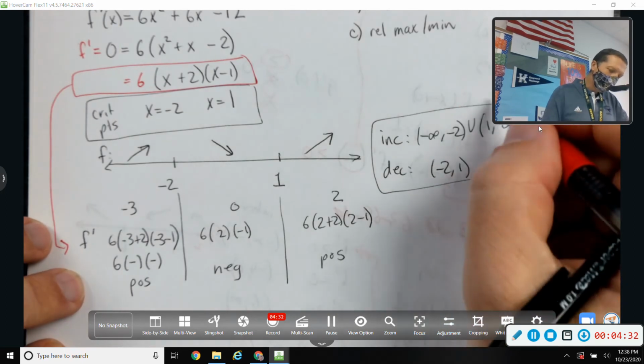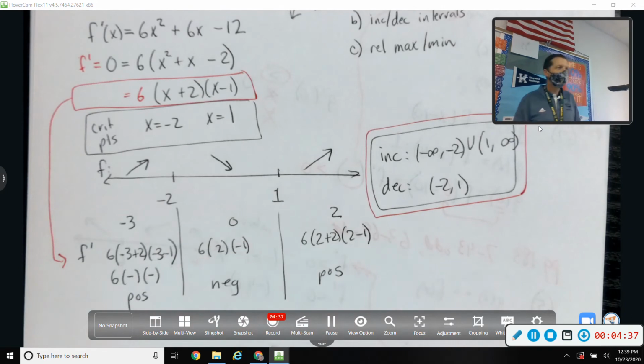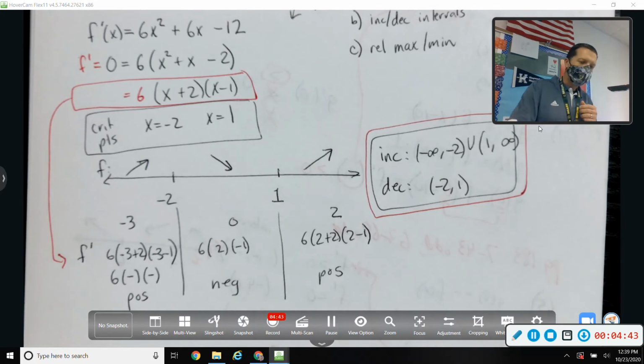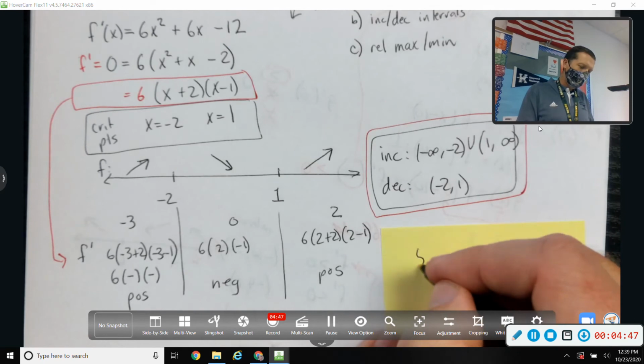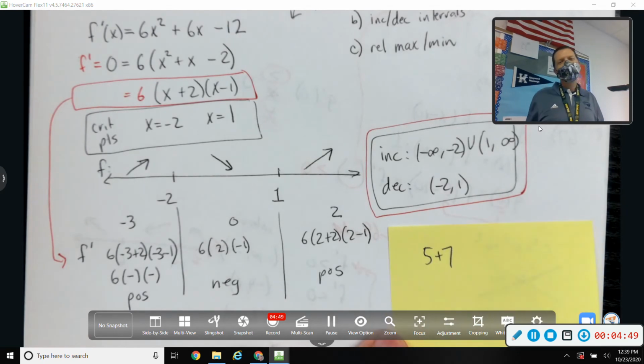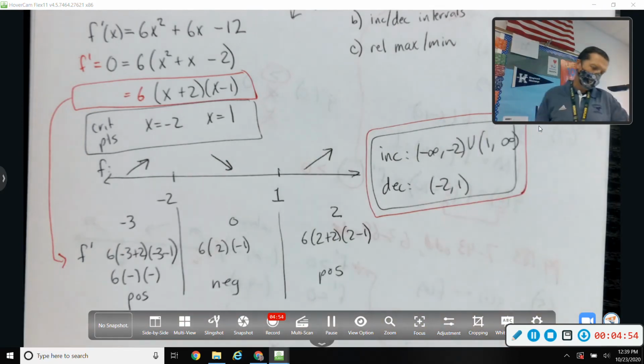So make sure you include the statement of where it's increasing and decreasing, not just the picture. If you leave the picture, you've done all the work, you just haven't quite said the answer. It's a little bit like if I ask you to add 5 and 7, and you say, okay, I'll add 5 and 7. There it is. Well, yes and no, right? You haven't quite given me the answer yet.